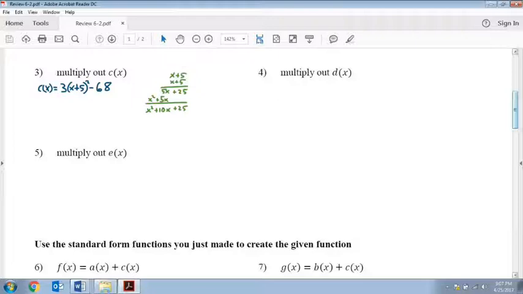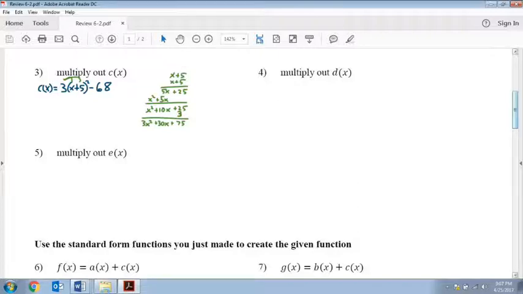But remember, we also have to multiply it by 3. We're going to have to distribute that 3. 3 times 25 is 75. 3 times 10 is 30. And 3 times x squared is 3x squared. Cool? So let's go back over here.